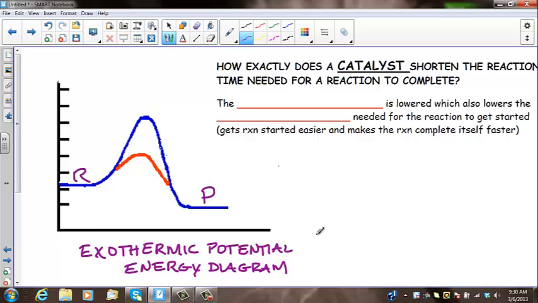It's exothermic because it is going downhill. Remember our downhill heating curve? It was exothermic. Well, this is our downhill potential energy diagram. So this is releasing energy. And you know it because the products are lower than the reactants.